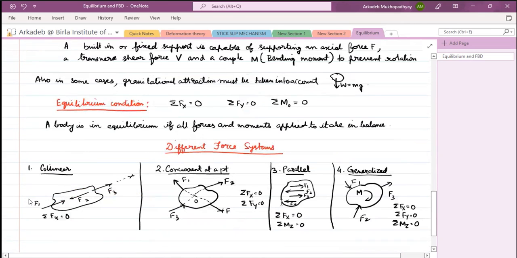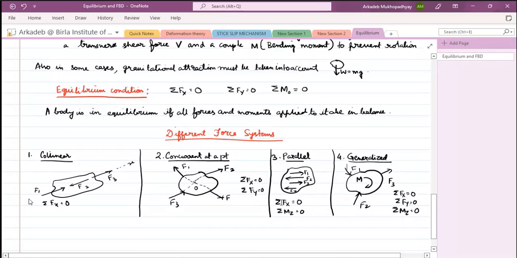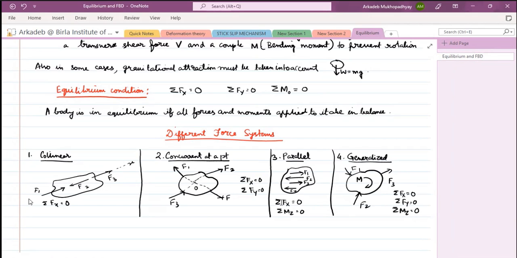Then we define the equilibrium condition, which is your summation of forces along x, y direction is 0 and moment should be 0. You can have collinear system of force. You can have concurrent system of force, forces that are concurrent at a point. You can have parallel system of force, or you can have any generalized system. With this, keeping this in mind, we are going to proceed tomorrow with numericals based on free body diagrams and equilibrium.